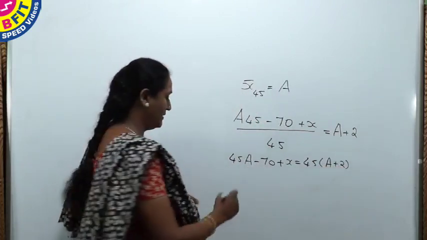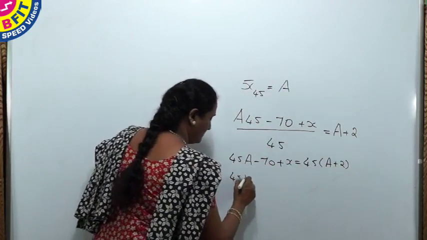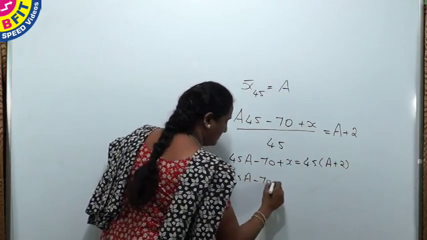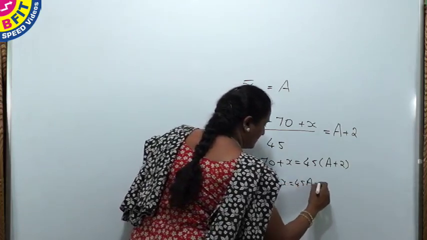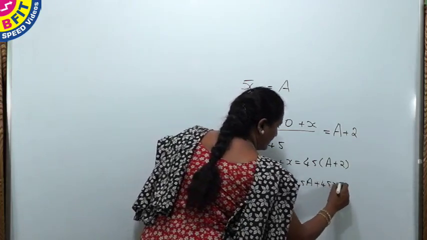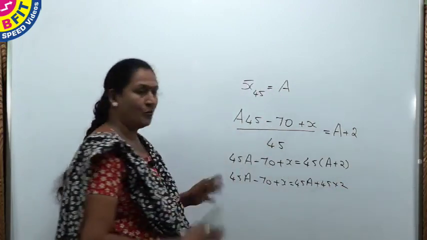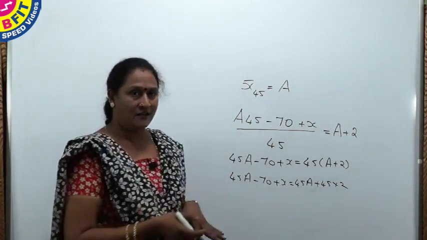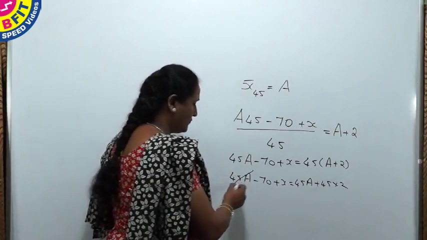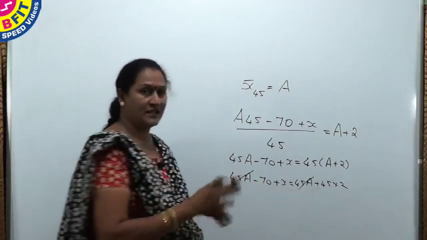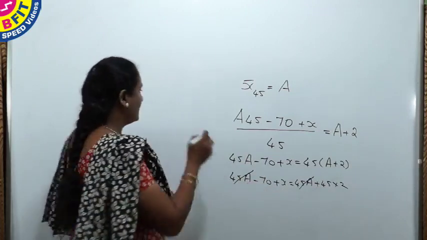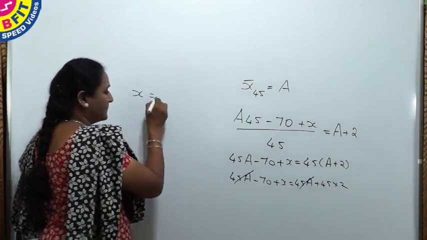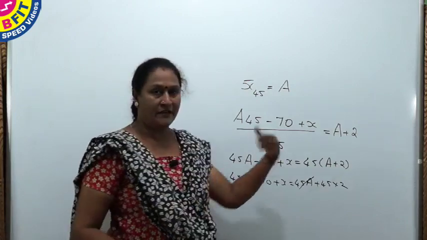By expanding this, on both the left hand side and the right hand side you have the 45A term, which gets cancelled, and we need the value of X. So we isolate X by sending this 70 to the other side.